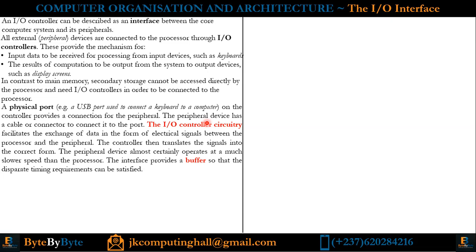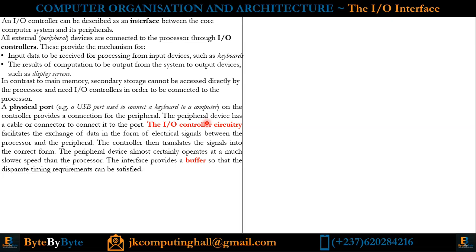The peripheral device almost certainly operates at a much slower speed than the processor. The interface provides a buffer so that the display timing requirement can be satisfied. Now you might ask yourself, what is a buffer? In this context, the buffer is used because the peripheral device has a slower speed as compared to the processor, which is fast.